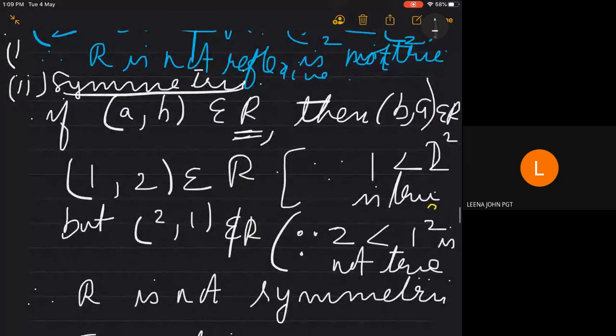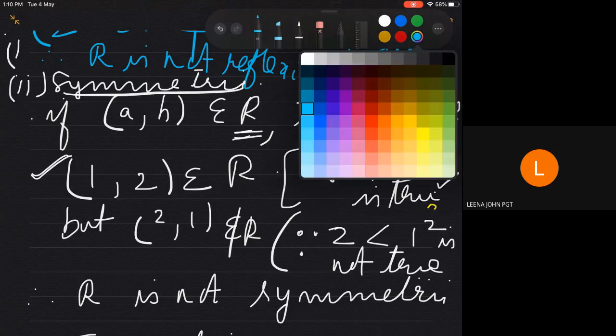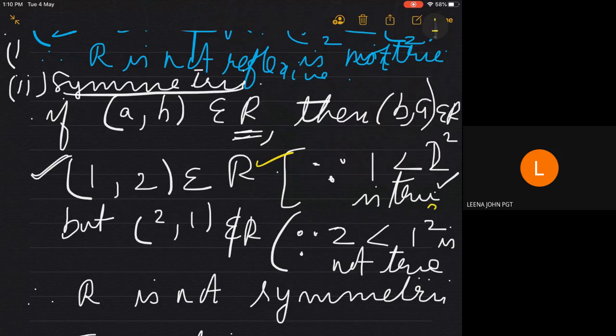For example, take (1, 2). First of all, check whether (1, 2) is present in R or not. For that, you check the inequality: 1 less than 2 squared is true. That means (1, 2) is present in R. Now you have to check the symmetric ordered pair (2, 1).